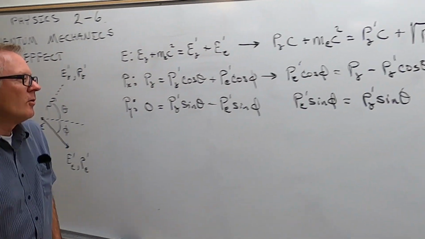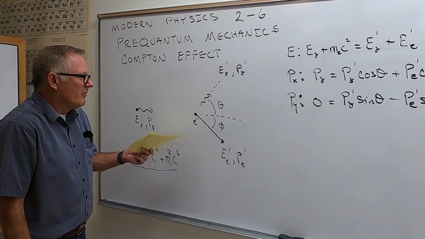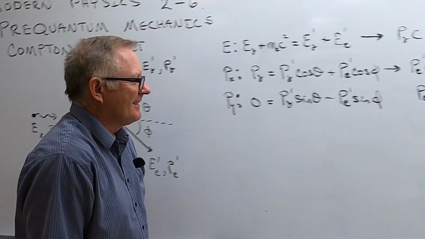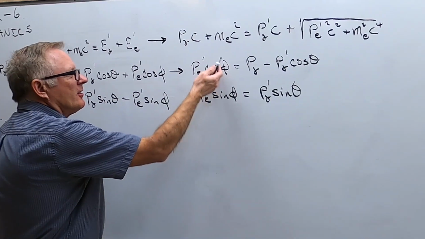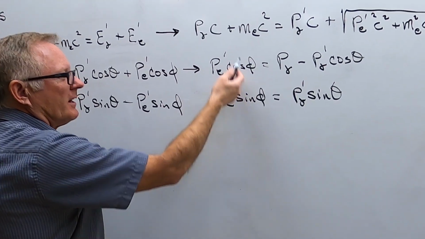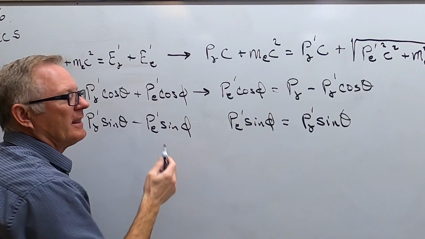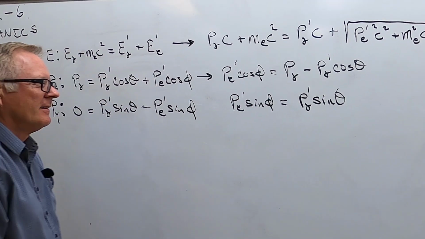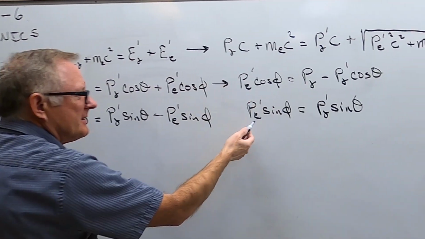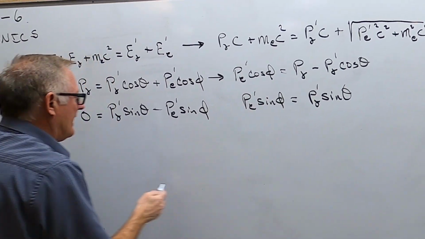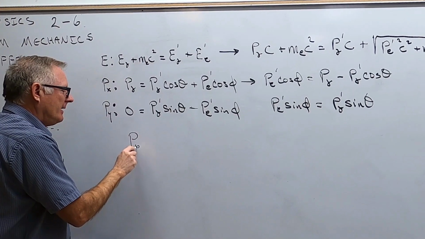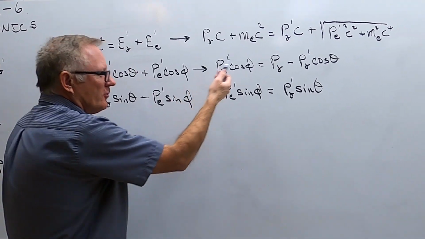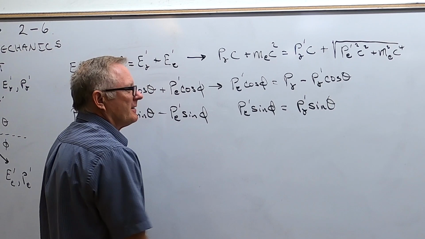Okay, so again, one of the variables I want to get rid of is the phi. It's not an easy thing to measure, so we'll get rid of it. You notice here, I've got these two equations right here. If I square this and square that and add them, then I get a cos squared plus sine squared, which is a 1. So squaring these and adding them, this left side is just pe prime squared. Why? Because I get a pe prime squared cos squared theta plus pe prime squared sine squared theta.